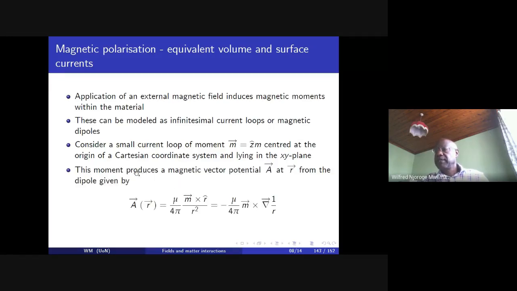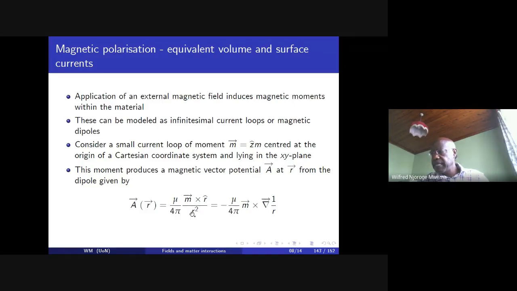This moment produces a magnetic vector potential A at a field point R away from the dipole, given by A equals mu over 4 pi, the cross product between the magnetic dipole and the unit vector in the direction of the field vector, divided by R squared, which we can interchange using the gradient.